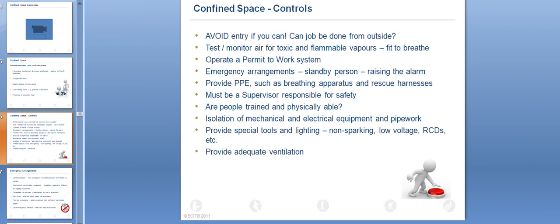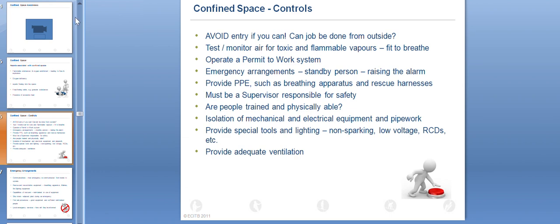There must be a supervisor responsible for safety. Are people trained and physically able? Isolate mechanical and electrical equipment and pipework. Provide special tools and lighting, non-sparking and low voltage. Provide adequate ventilation.